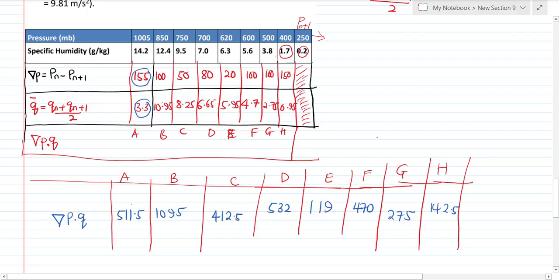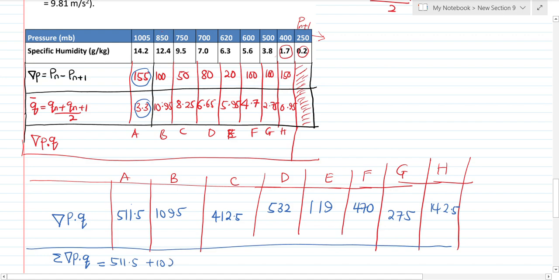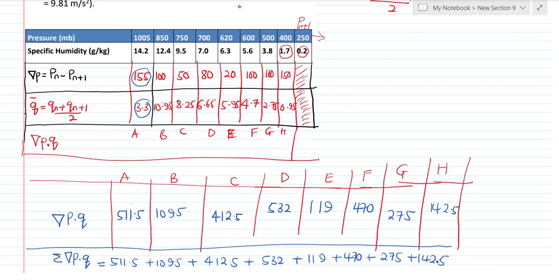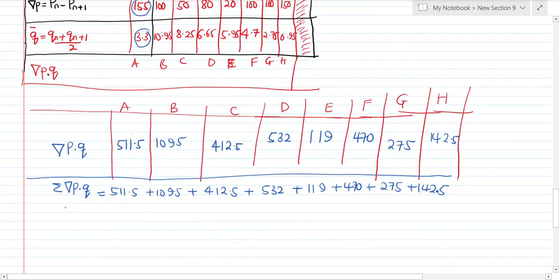Now after finding the product, we need to find their sum. So we need a sum of the products. So we are going to add everything: 511.5 plus 1095 plus 412.5 plus 532 plus 119 plus 470 plus 275 plus 142.5.